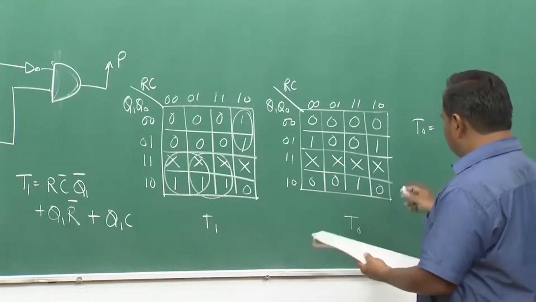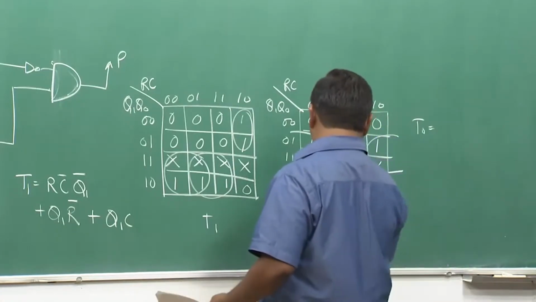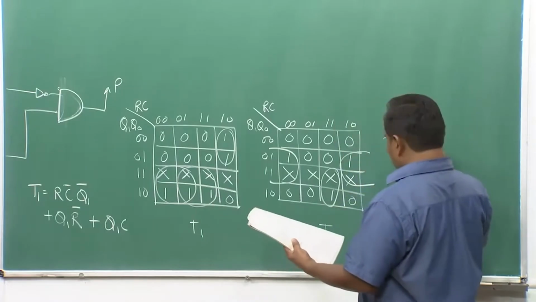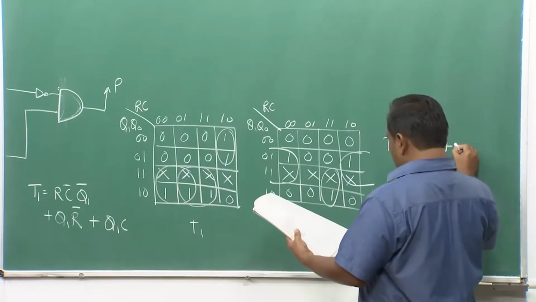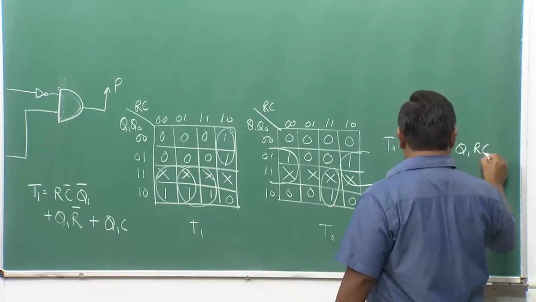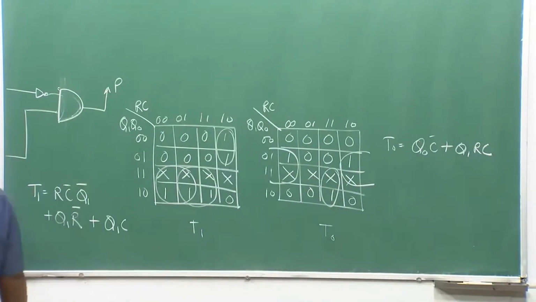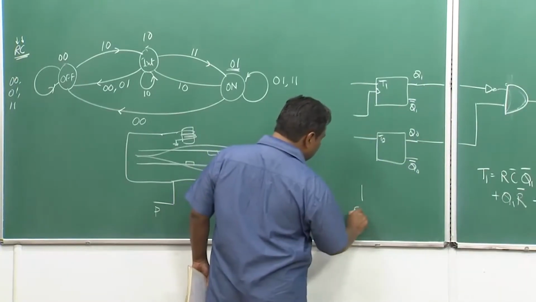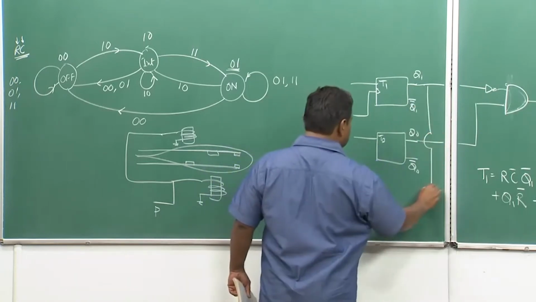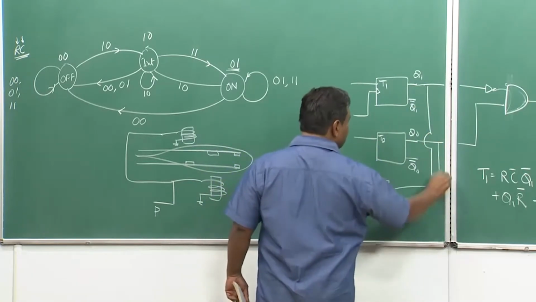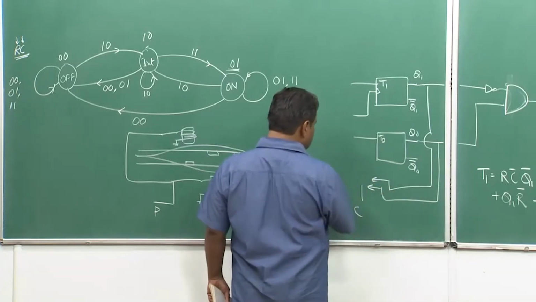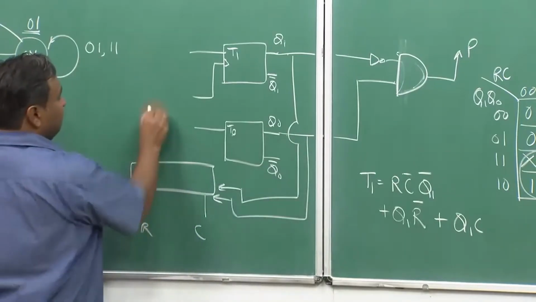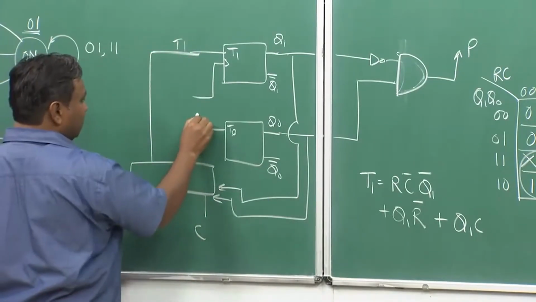So, this requires only 2 terms. So, one is a combination of this, another one is this combination. So, this should be Q0 C bar plus Q1 RC. So, essentially you will take Q1 Q0, you will take R and C, the row and column controls, you take these as the inputs, and you will implement the logic which is here and generate T1 and you will also generate T0.